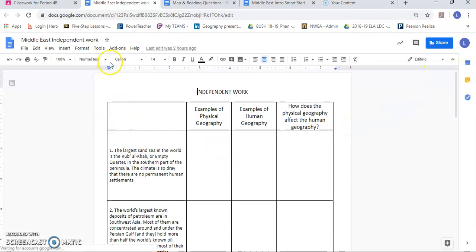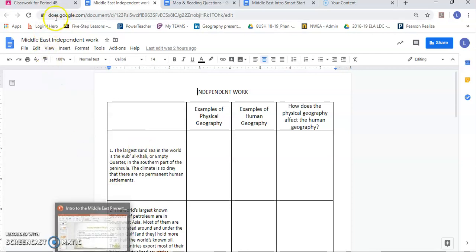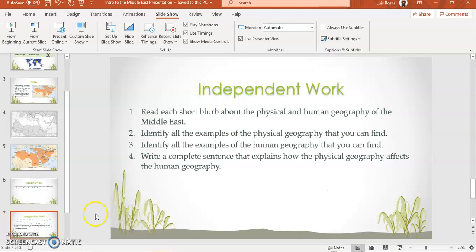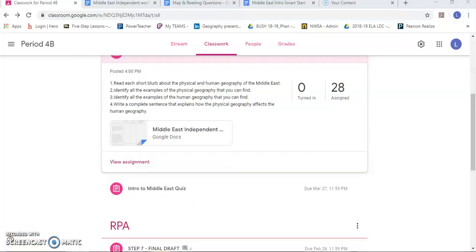If you look at the instructions, they are here on the assignment and also right here. So what you're going to do, you're going to read each little passage. You're going to identify all the examples of physical geography that you can find, all the examples of human geography that you can find, and then you're going to write a complete sentence that explains how the physical geography affects the human geography. So we'll do this one together.